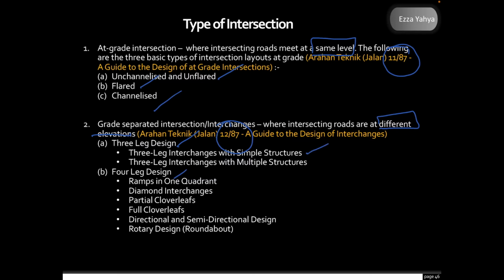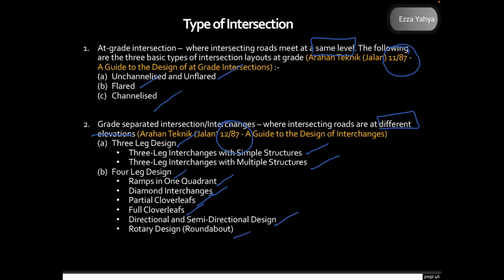For the 3-leg design have a simple intersection and multiple structure. While the 4-leg design is like a ramp in one quadrant, diamond interchange, partial cloverleaf, full cloverleaf, directional and semi-directional design. The last one is rotary design, or we call roundabouts.